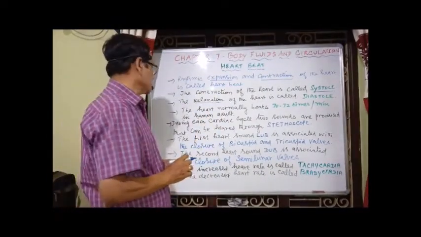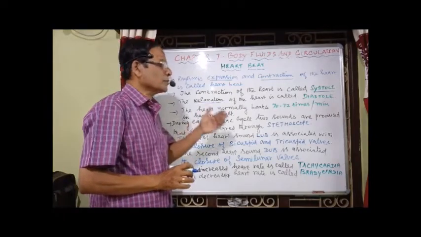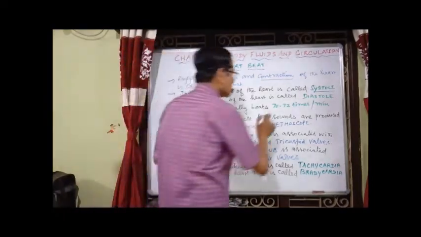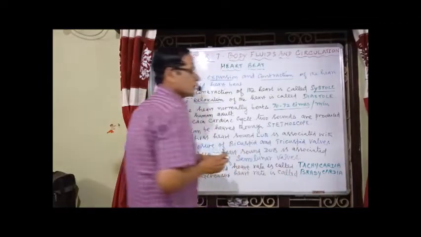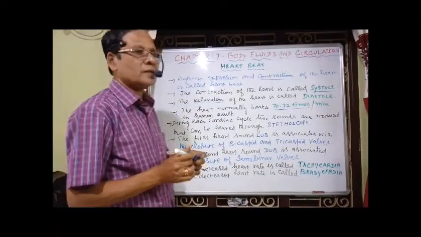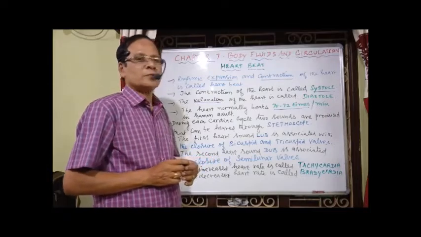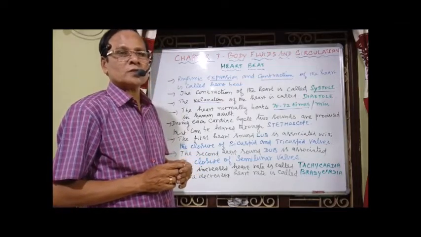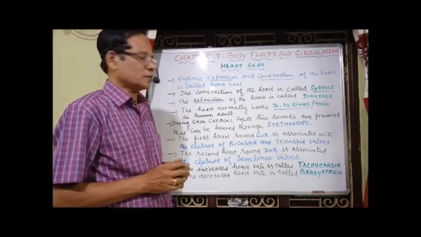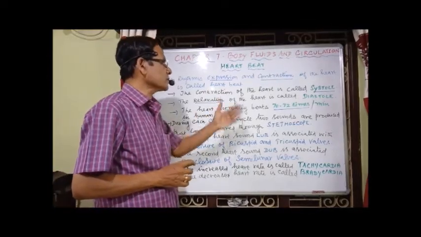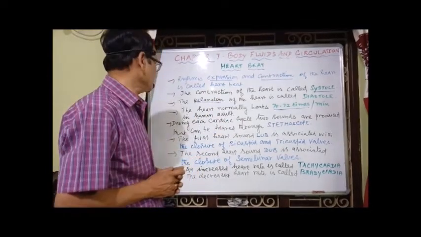In an adult, the heart normally beats 70 to 72 times per minute. But the rate of heartbeat is higher in newborn babies. Even in the developing embryo, it is about 120 to 160. But on average, an adult's is 70 to 72 times per minute.